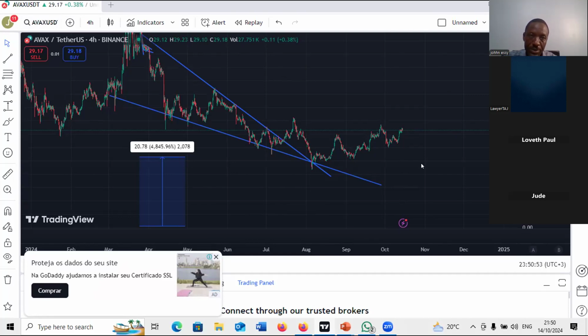Okay, hold on, one question. What time frame should we enter? You enter at the lower time frame. You have to start with a higher time frame. 1 hour is quite okay, and I like what Lavette Paul was doing, because she has gone to 1 hour, and on 1 hour she gets a very good chart.